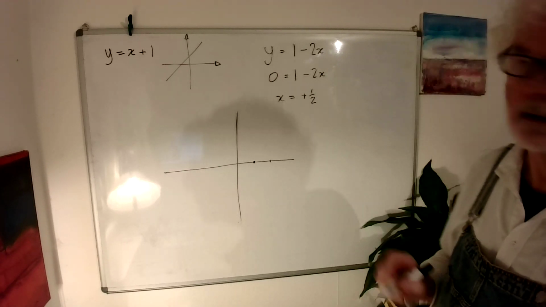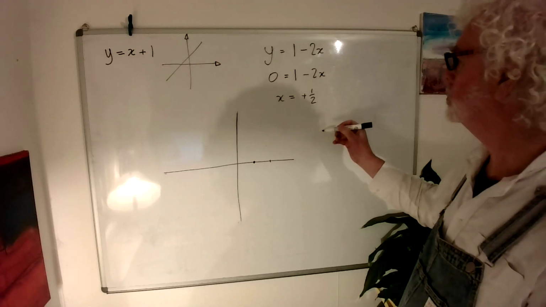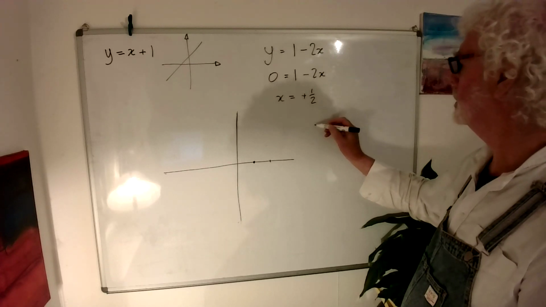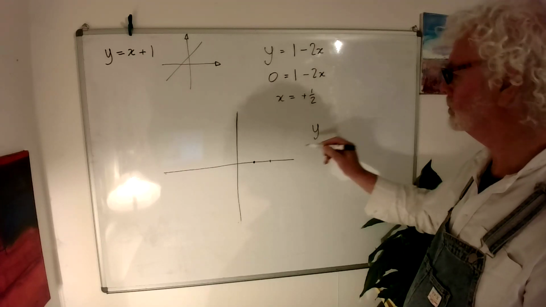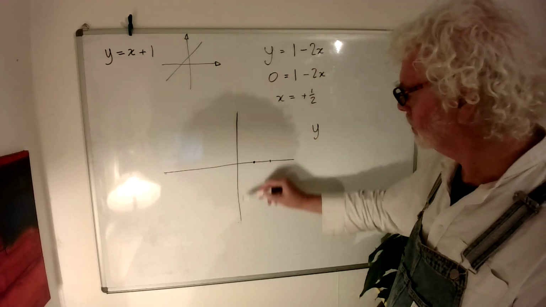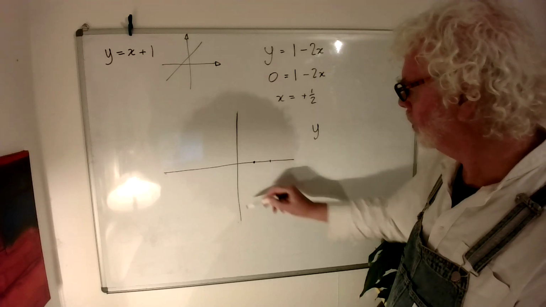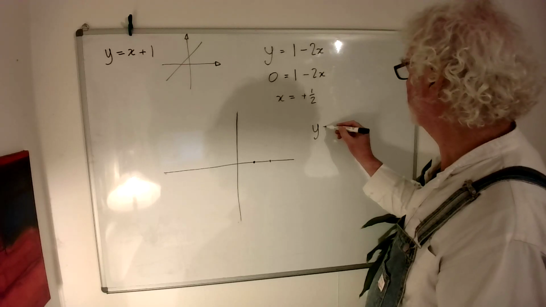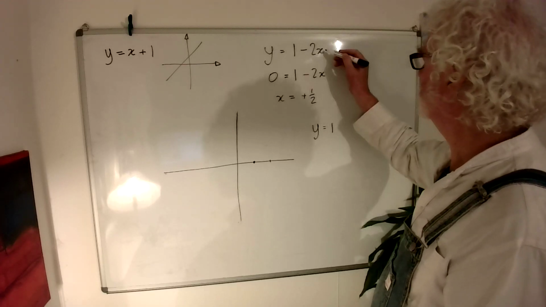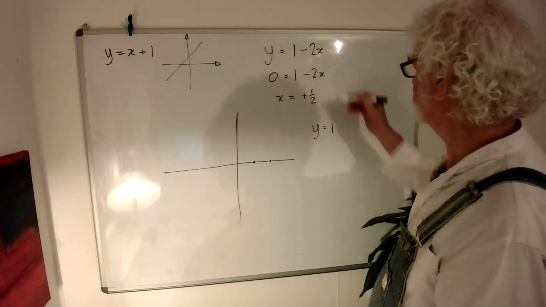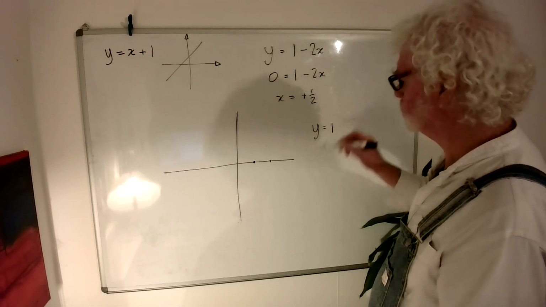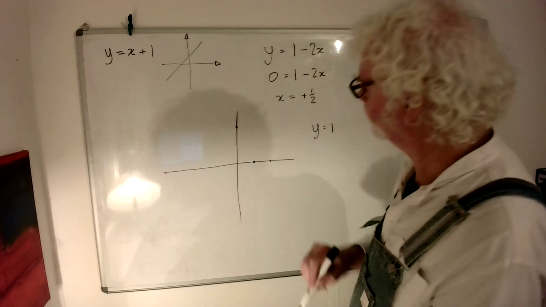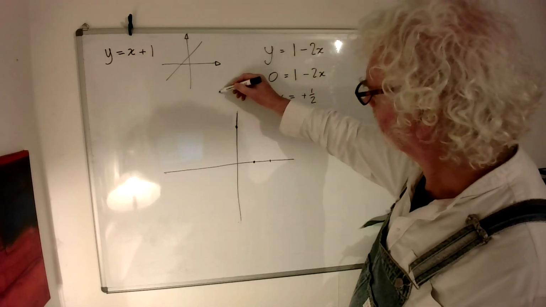And then I am going to choose x equals 0. In that case, when x equals 0, we know that it's on the y-axis somewhere. When x equals 0, that whole term is gone, y equals 1. So when x equals 0, y equals 1. And there's our line.